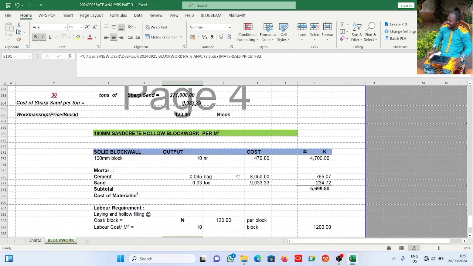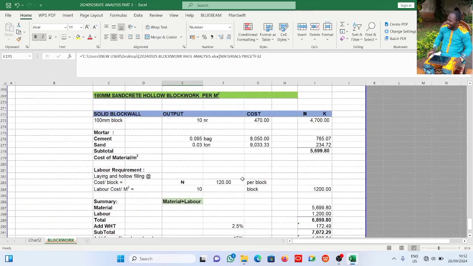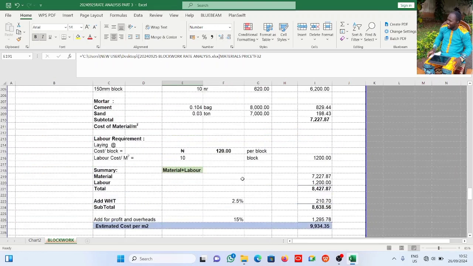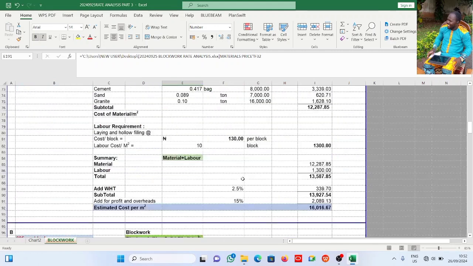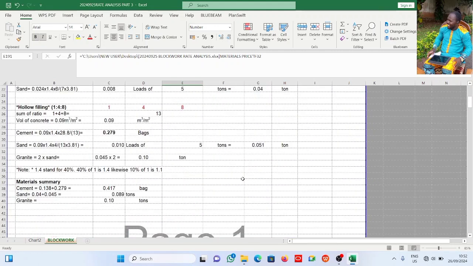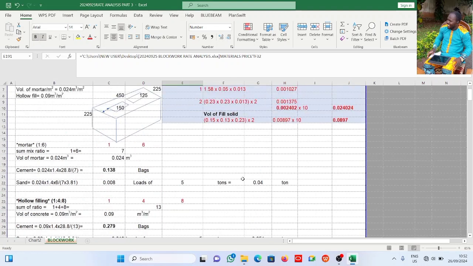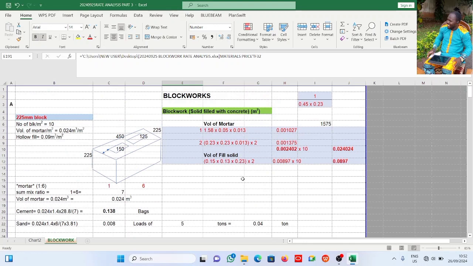All right, so this is basically how you prepare the rate analysis for block work anywhere in the world. The only difference, the only discrepancy is the currency and the labor rates in that particular country. It can be applied anywhere in the world.